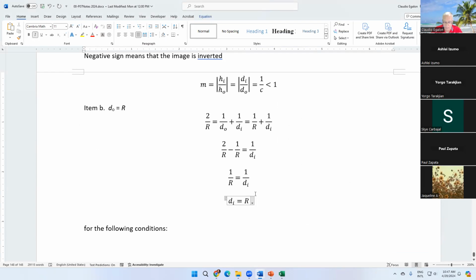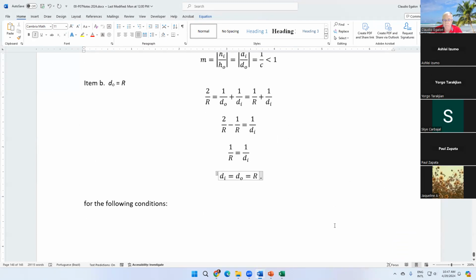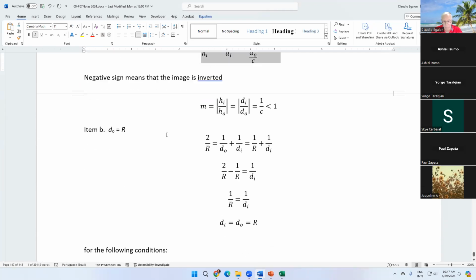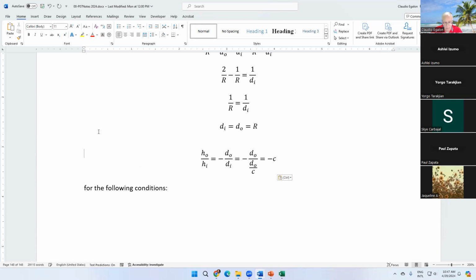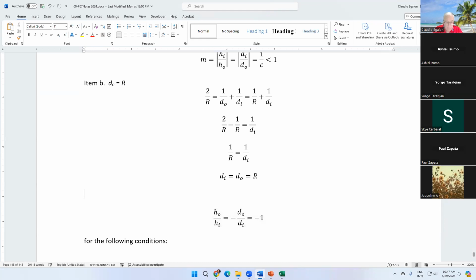Okay, and we can even write like that, right? In the next one, here you go. H naught over HI is going to be equal to -1. Okay, exactly equal to -1. Here's image is real. Image is real. Image is inverted.